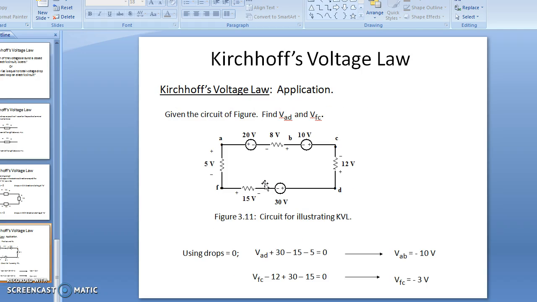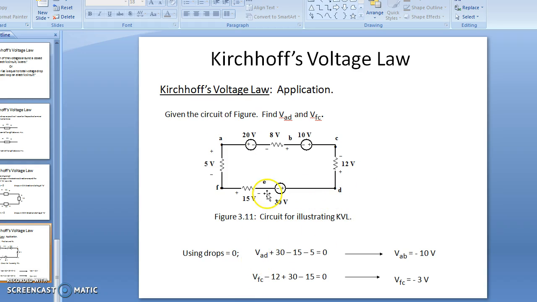Now let us consider one example wherein we find the unknown voltage between any 2 points. Let us consider first to find the voltage VAD. Here is the point A and here is the point D. So to find VAD, we start from A to D, it is VAD. Since we are considering this as positive, this as negative, VAD will be positive.